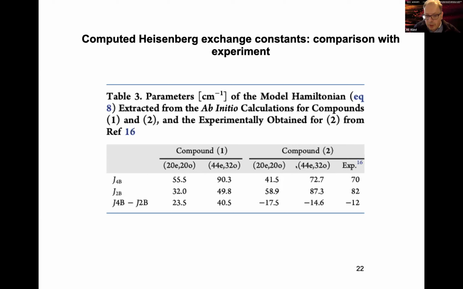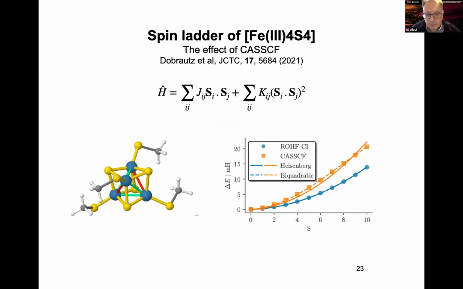But when we now correlate also the sulfur ligands, we get a really pretty good agreement with respect to experiment. And what's particularly interesting is that we don't just get absolute agreement in terms of the constants, but also the relative agreement. The difference in the J's also comes out very well.